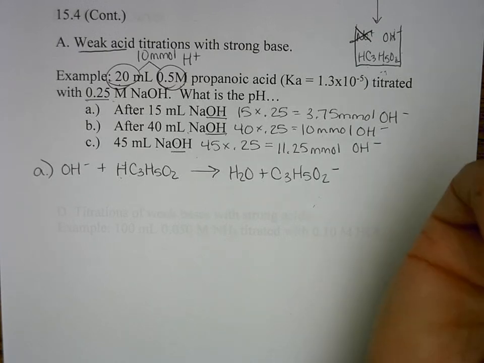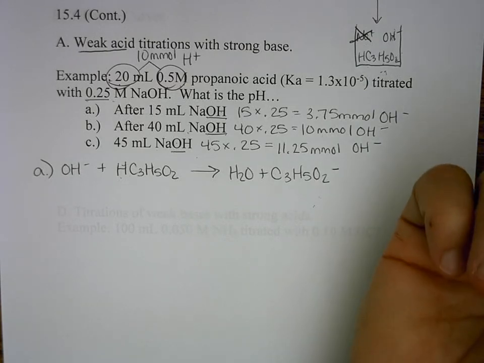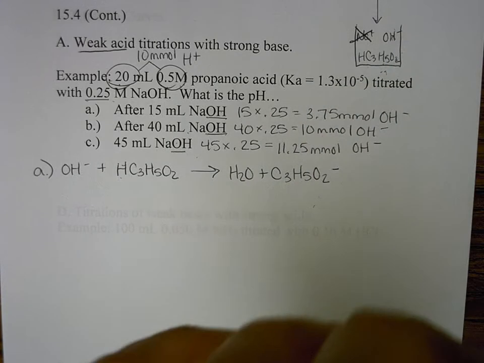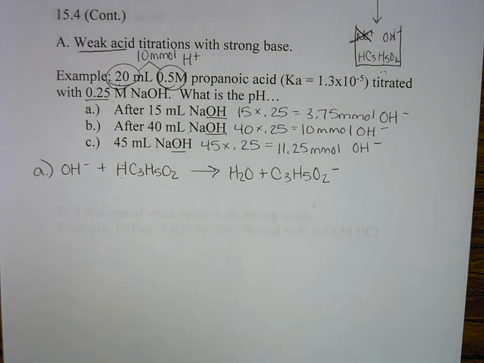What you're going to do is set up the BCA table, which remember is different than an ICE table because it doesn't have concentrations. ICE tables have concentrations, and you try to figure out concentrations at equilibrium. The BCA table, you do millimoles or moles, and you just figure out how much you have left at the end.